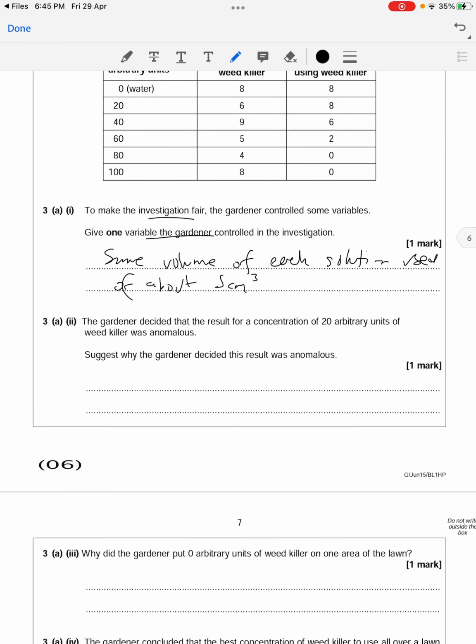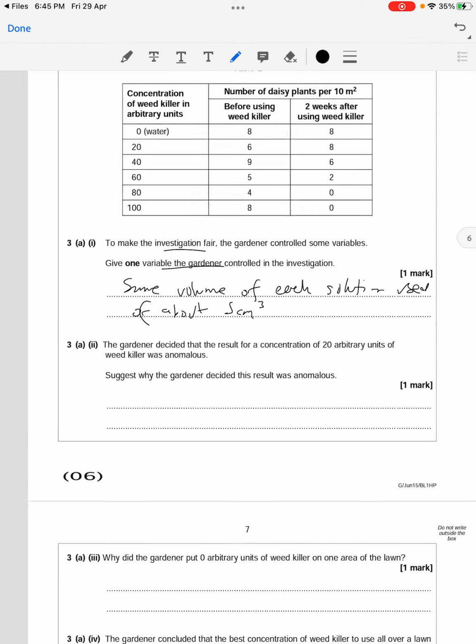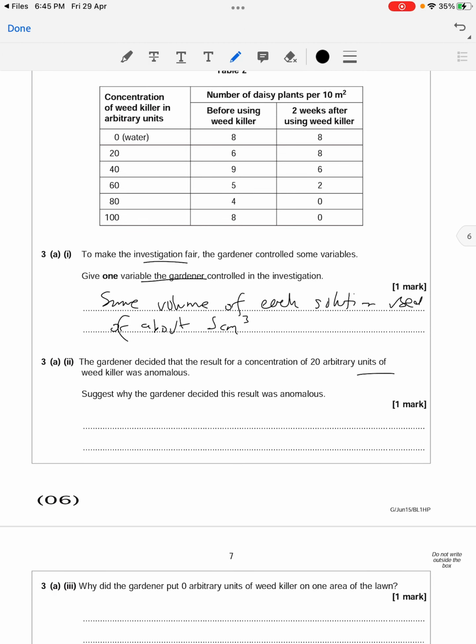So the gardener decided that the result for a concentration of 20 arbitrary units of weed killer was anomalous. So this is why the gardener decided this result was anomalous. For a concentration of 20, anomalous values are those that do not fit. We can understand there are more daisies growing, right?